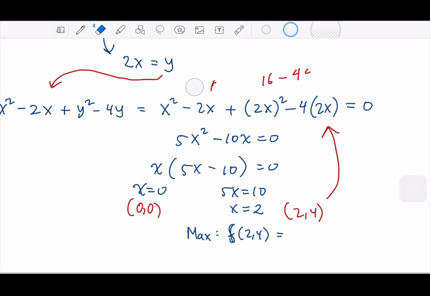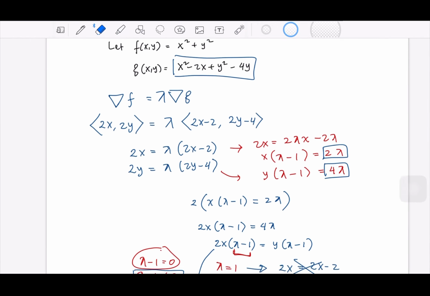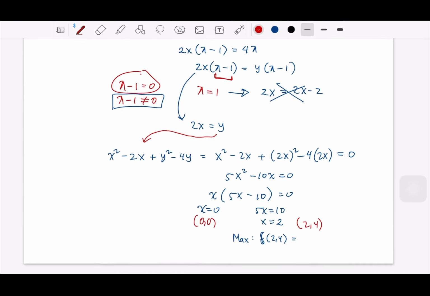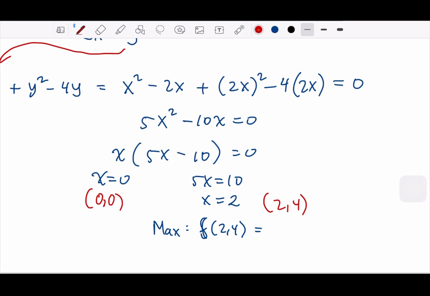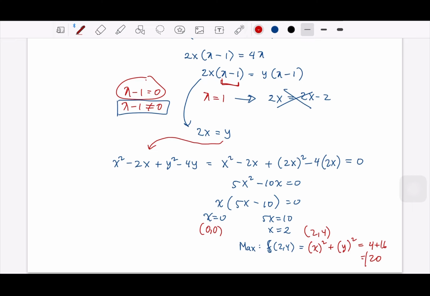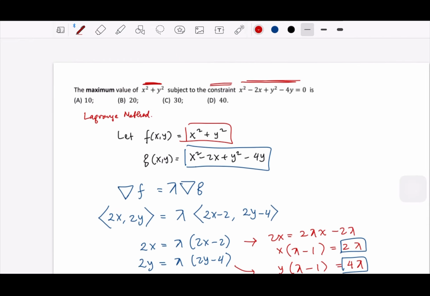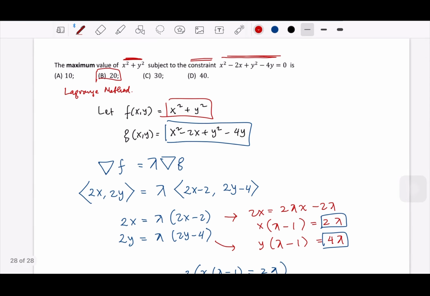Sorry, why am I writing here, not checking to here; checking to this optimized x squared plus y squared. So x squared plus y squared will be 4 plus 16 equal 20. Okay, so 20 will be the maximum value for this function, so 20 will be the answer. It's B.